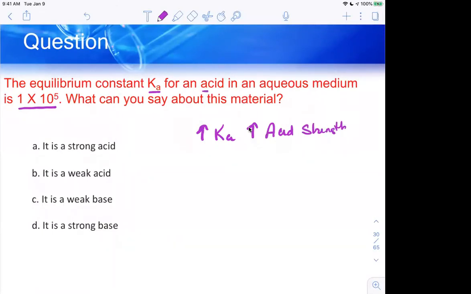I already know it's an acid, so I can't say that I know it's a weak base, right? It's an acid, and my Ka is 1 times 10 to the 5th. So that's a large number. I'm going to choose this A answer. It is a strong acid.